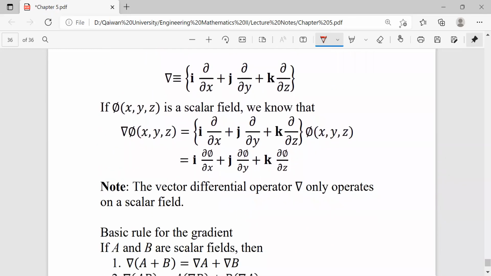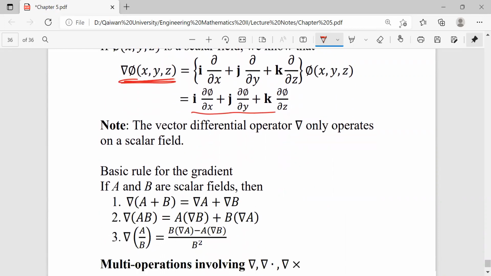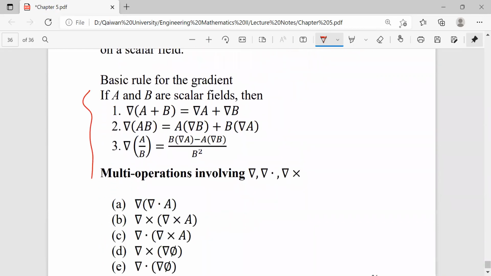It's almost done. This is the del operator, and this is grad of phi. We talked about these, and here you have these properties of the del operator. The del operator of a plus b is the del operator of a plus the del operator of b. For multiplication, it's a times del of b plus b times del of a.